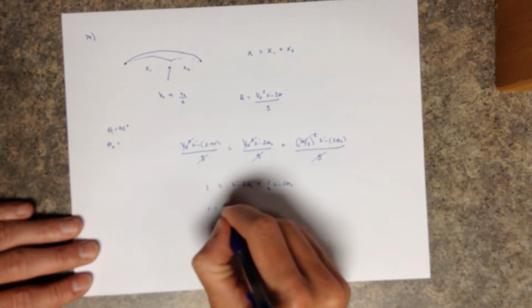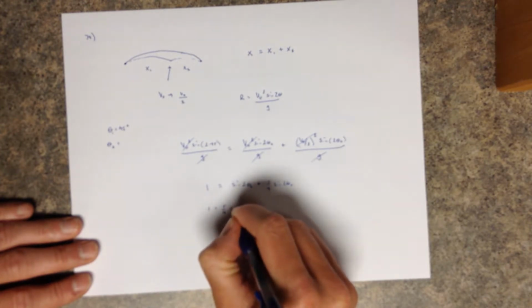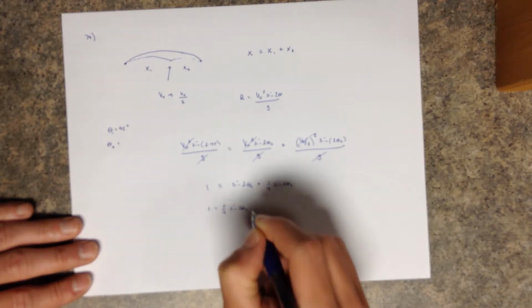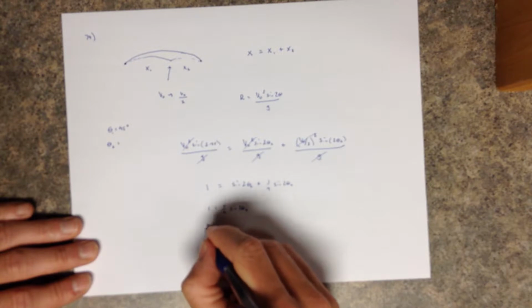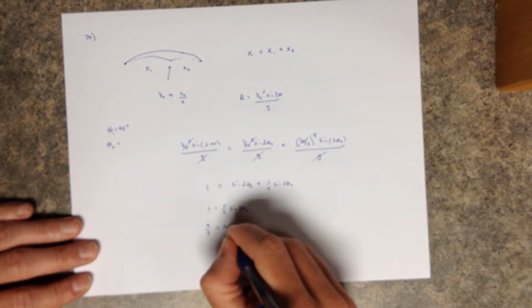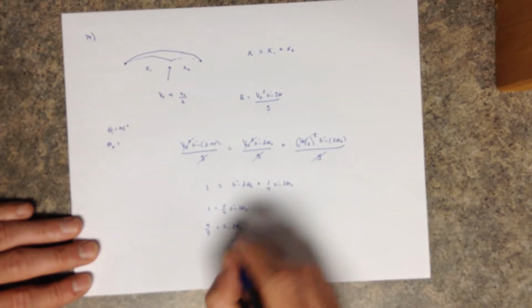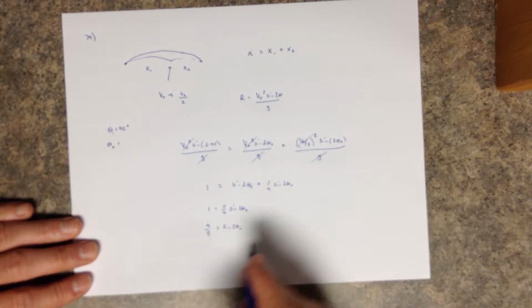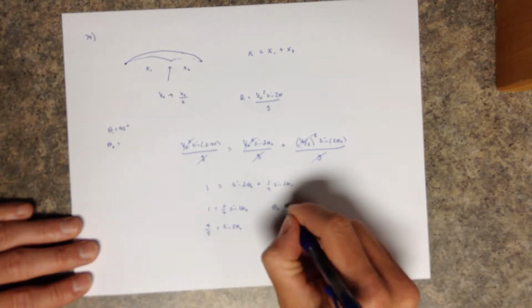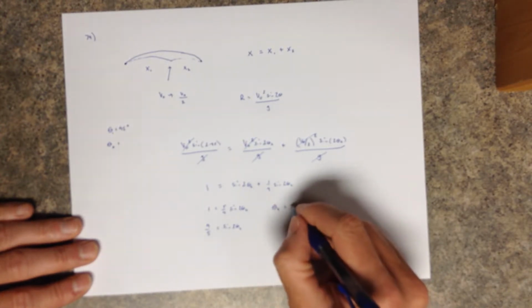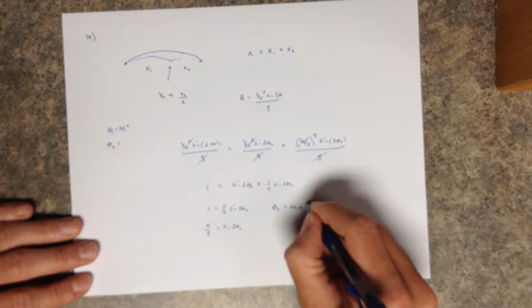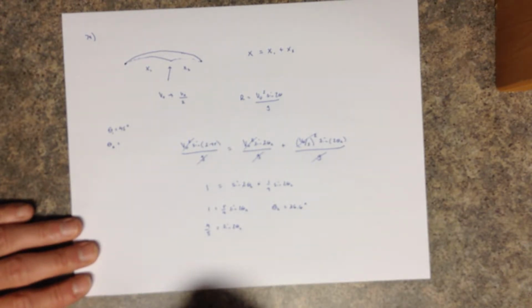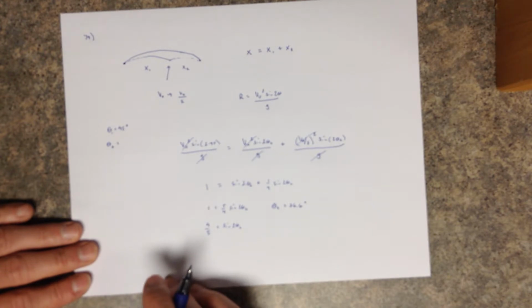So 1 equals 5/4 sine of 2 theta 2, which is the same as 4/5 equals sine of 2 theta 2. Then take the inverse sine and divide by 2, and the other angle you can throw it at to bounce one time and go the same distance is 26.6 degrees.